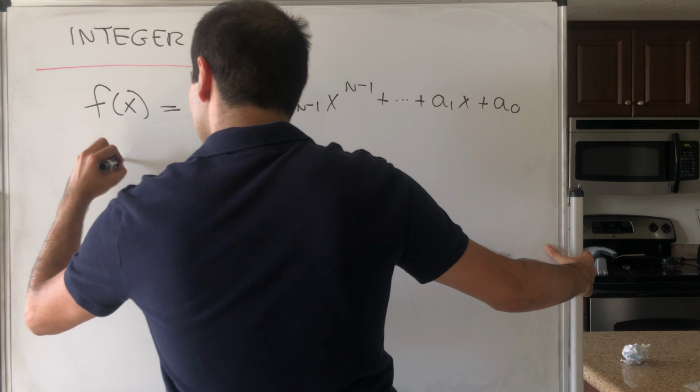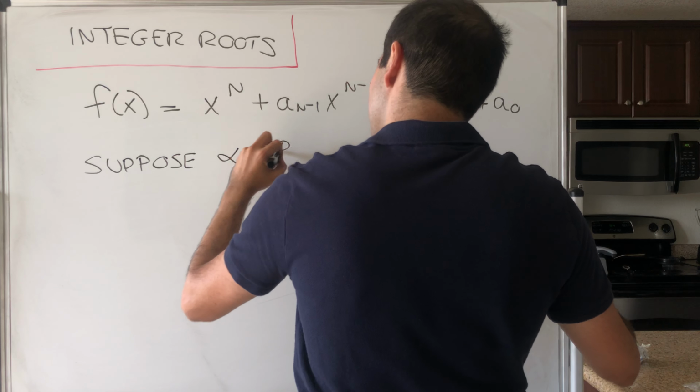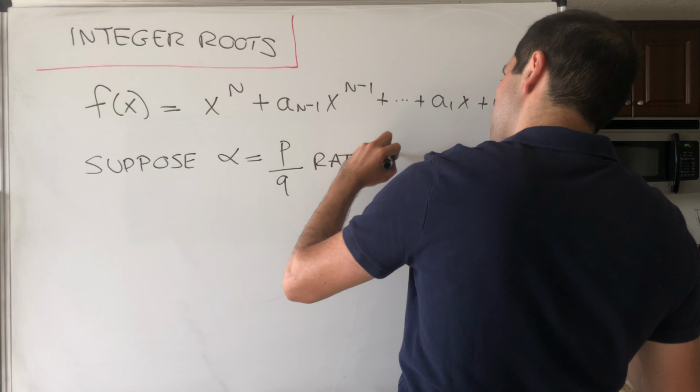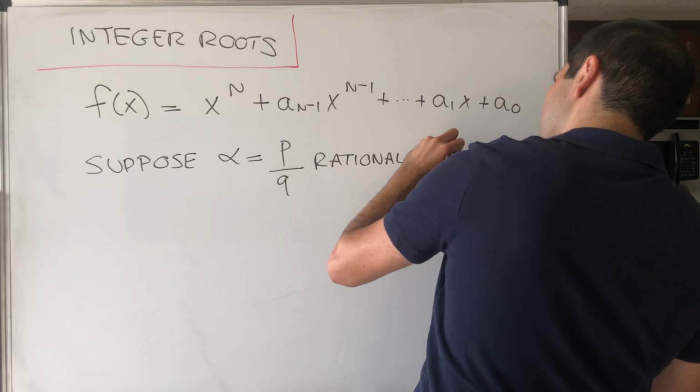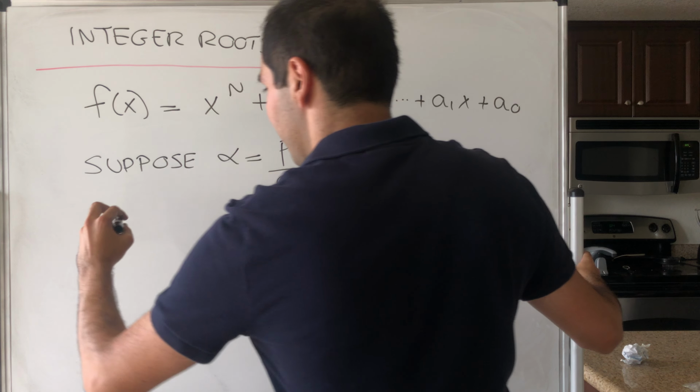Well, suppose you have a rational root, alpha equals p over q, a fraction root. Without loss of generality, as usual, assume p and q are relatively prime.